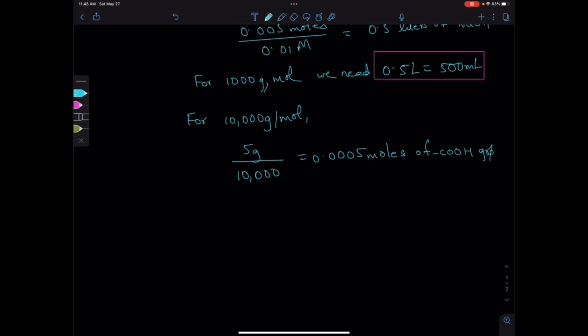So for a 0.01 molar alkali, we'll need 0.0005 moles over 0.01 molar, which is 0.05 liters, or 50 milliliters.